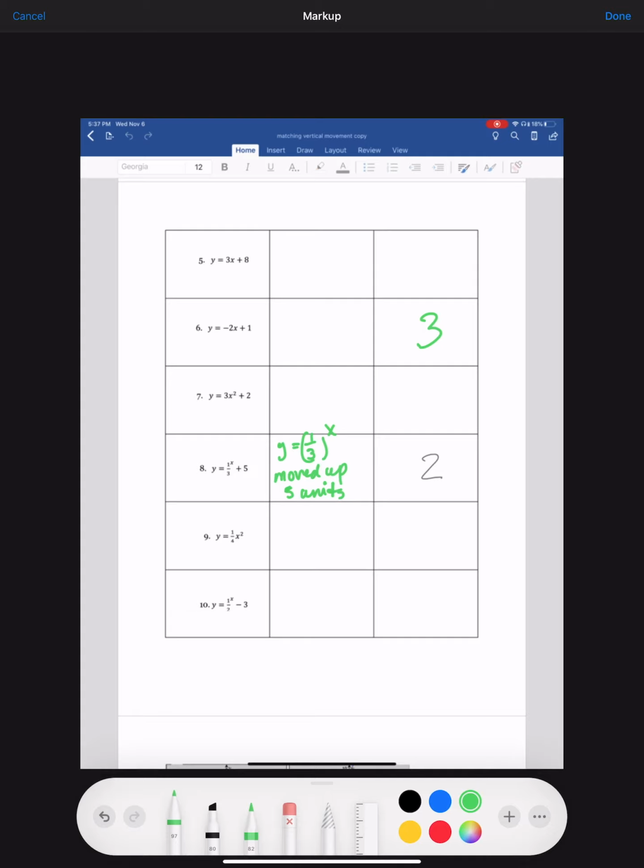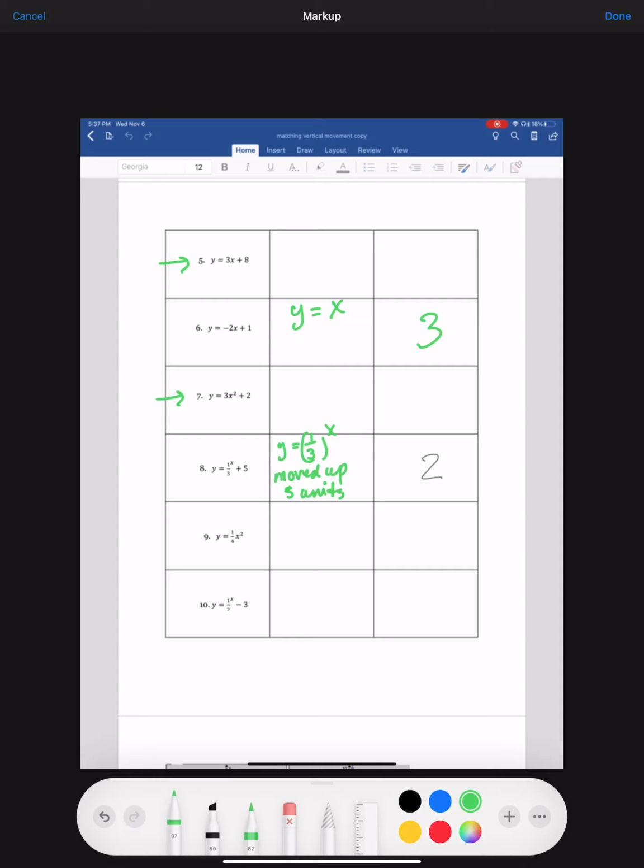And we'll talk about the multiple transformations. So for number 6, we know y equals x is the parent function. 5 is a multiple transformation. 7 is a multiple transformation.